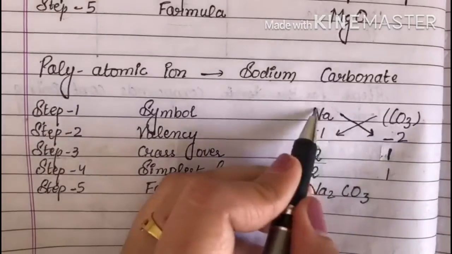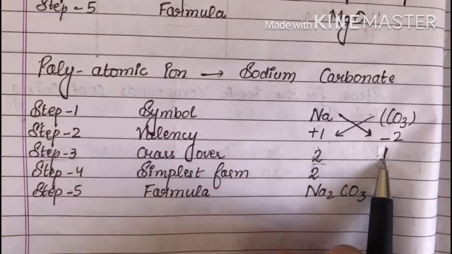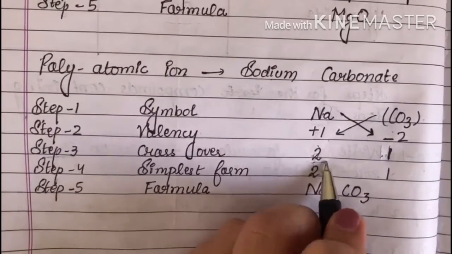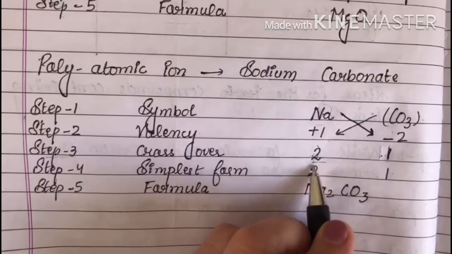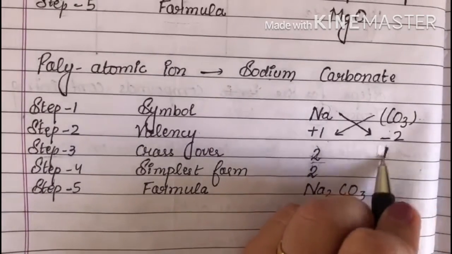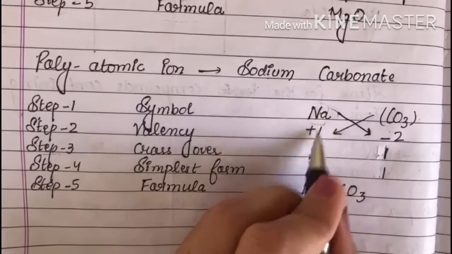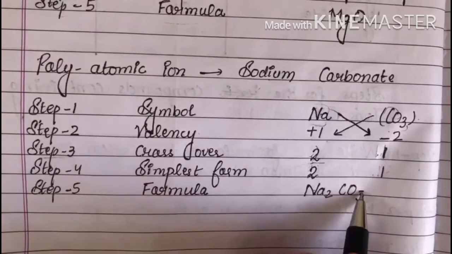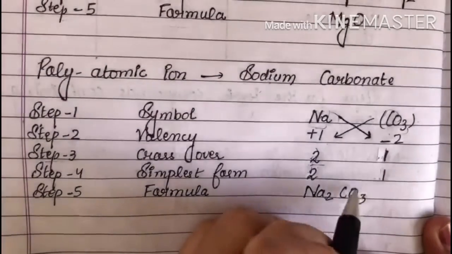Na contains 2 and carbonate contains 1. We simplify them by dividing by the common factor. Here the common factor is 1. If we divide by 1, 2 will remain 2 and 1 will remain 1. So Na2CO3 is the formula. So keep the steps in your mind.